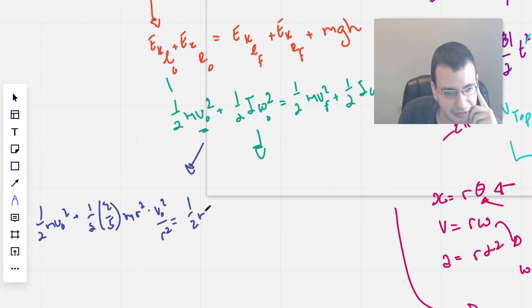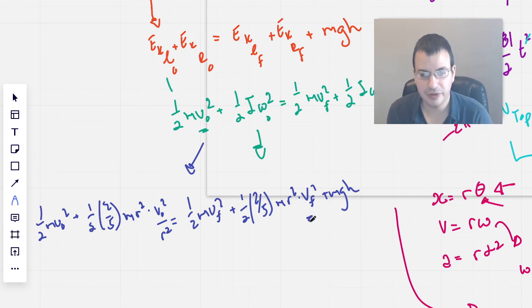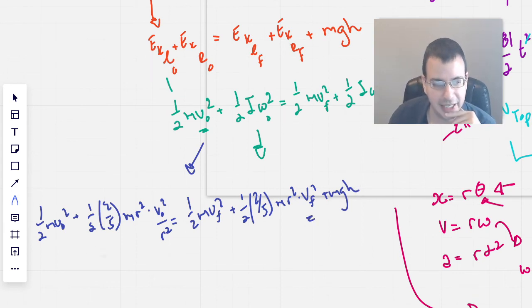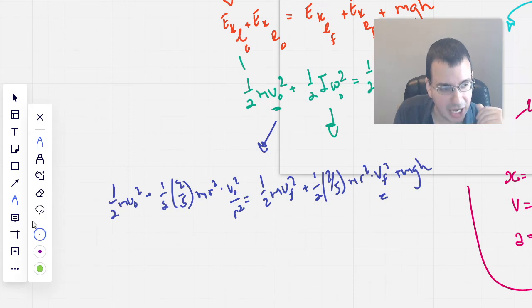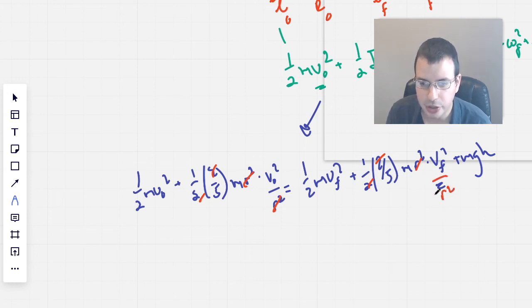So we have 1/2 m v final squared plus 1/2 times 2/5, which I will reduce shortly, m r squared times v final squared over r squared, plus mgh. Now we do some canceling right there, and the r squareds cancel.